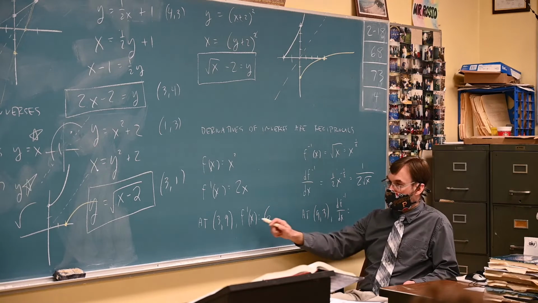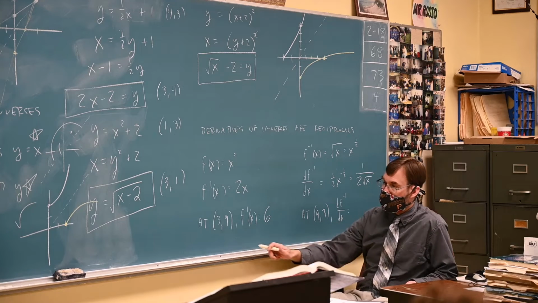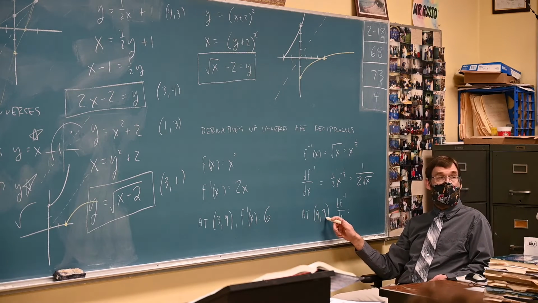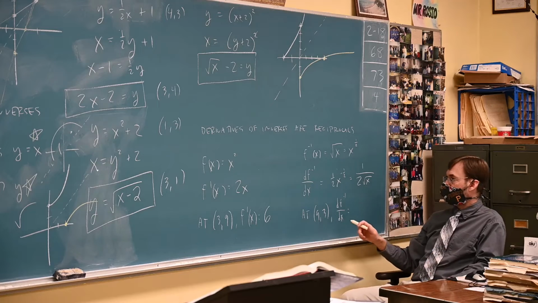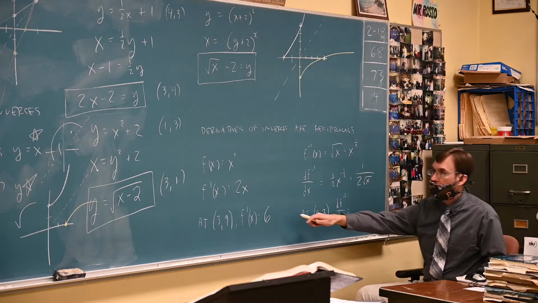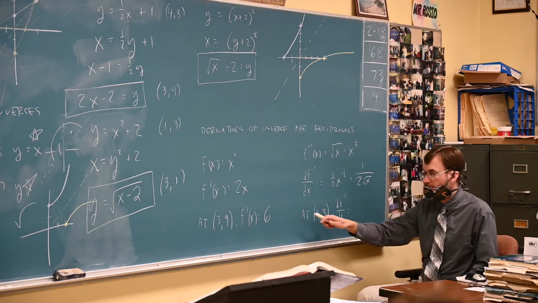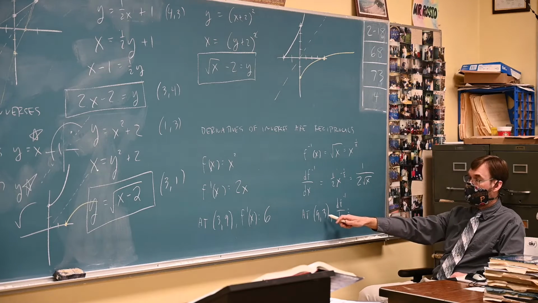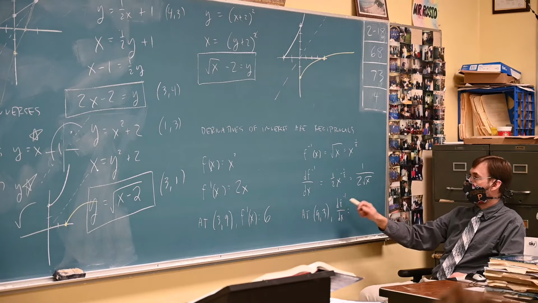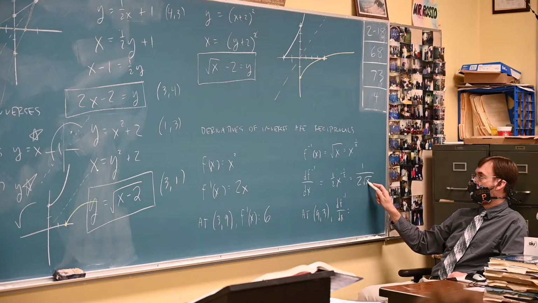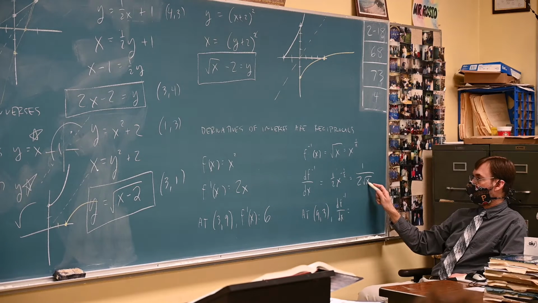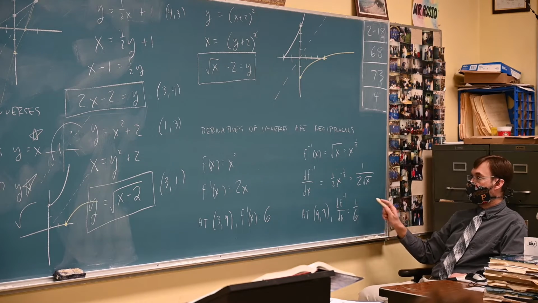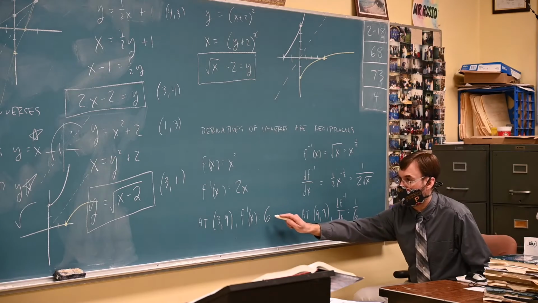If we're in inverse world, we're not thinking about 3, 9. We're thinking about 9, 3, because x and y trade off. So here, we plugged in the 3 for x. Over here, we want to plug in 9 for x. So plug in 9, 1 over 6. This is the reciprocal of that.